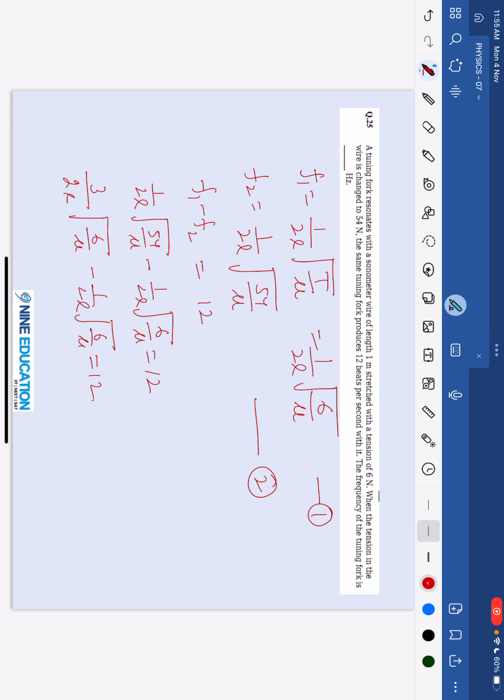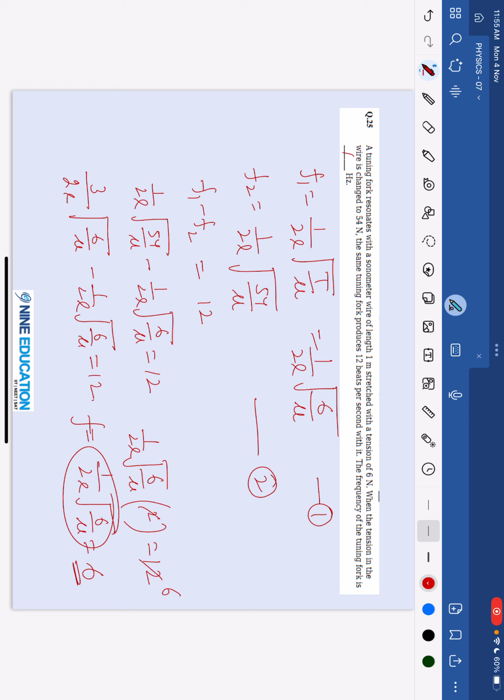Correct. So what do I have here? 1 by 2 root 6 by mu, and here I have 3 minus 1, which is basically 2, equals 12, correct? So this becomes 6. So 1 by 2 root 6 by mu, which is also the fundamental frequency, is basically our 6 hertz.